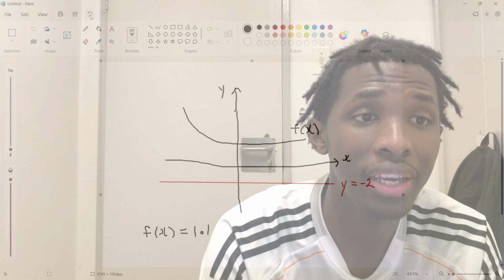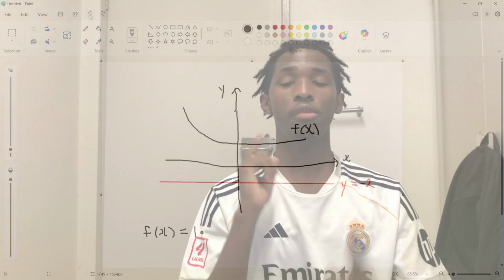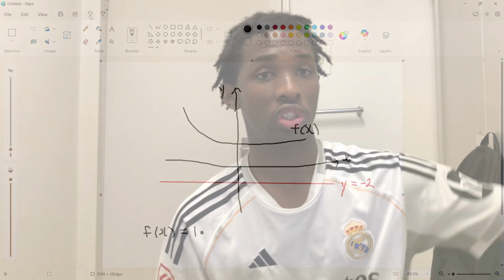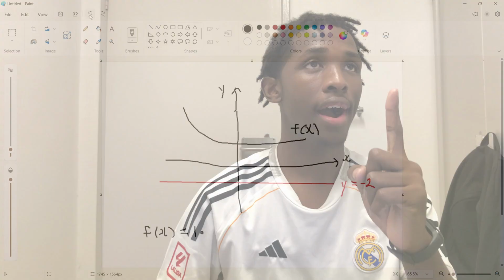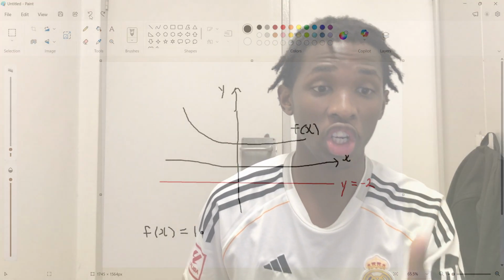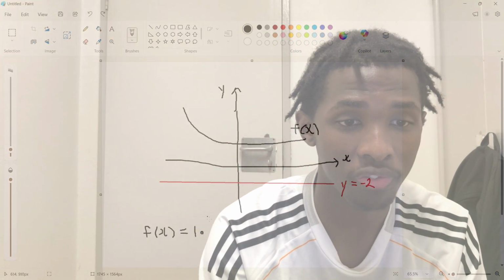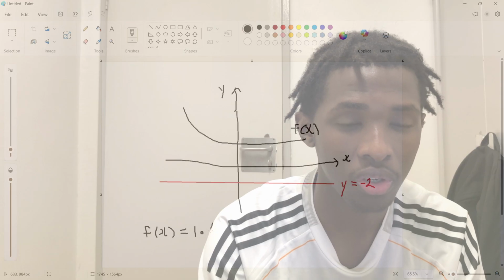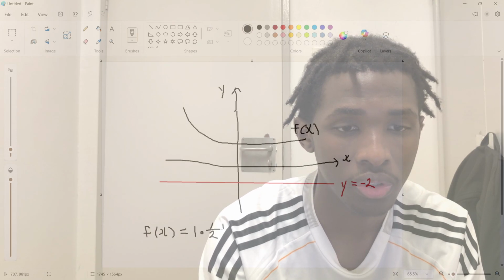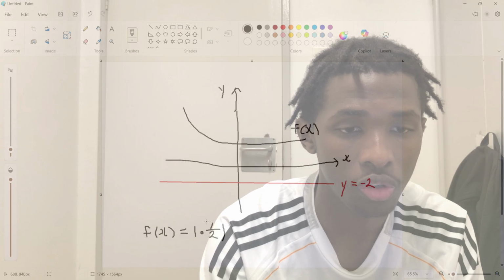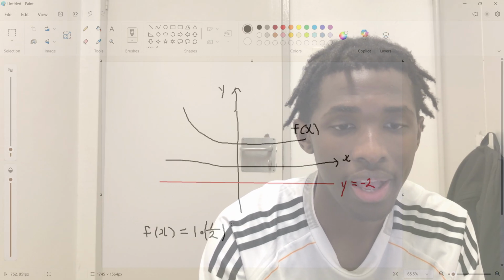Then our b is, this is now very important. We want our graph to decrease, so b is going to be a fraction. I don't know if you remember from the video I made. b is a fraction, then to the power of x.